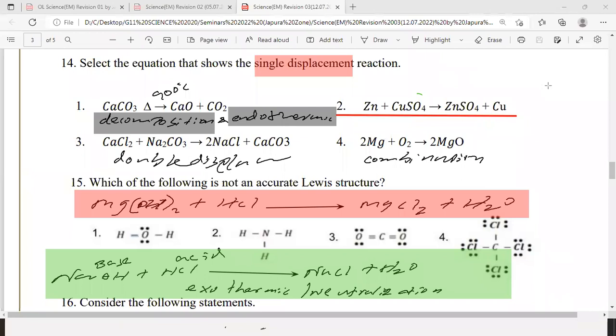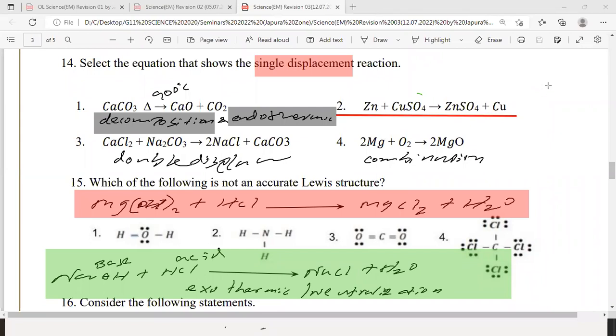Endothermic means heat is absorbed, so the surrounding cools down. Heat is lost from the surrounding in endothermic; in exothermic, heat is released from the system, from the test tube or the reaction. You will learn this in detail under grade 11 chapter 8, but this is very important, introduced in the new syllabus, as I wanted to combine this also.